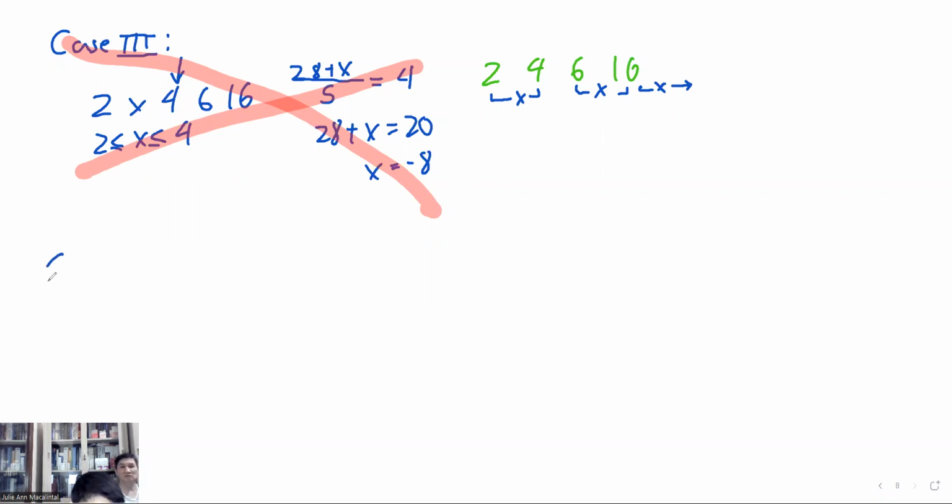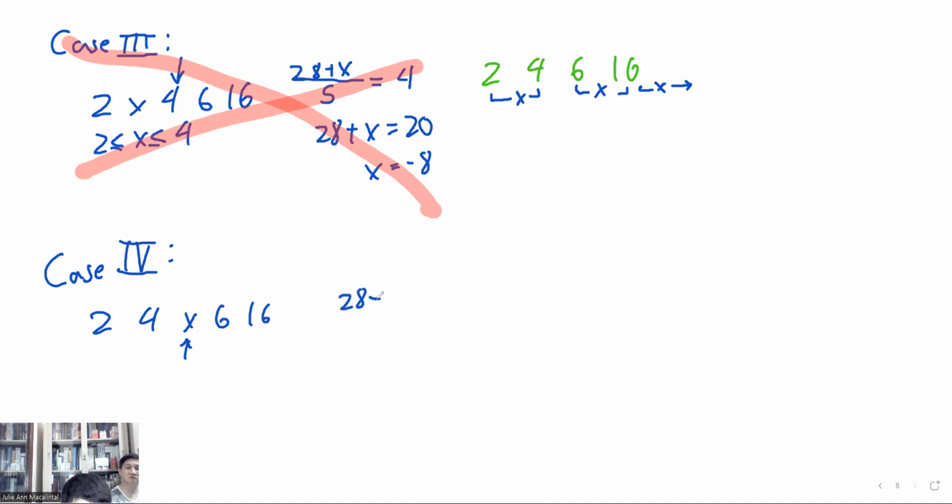So in this case, the median of course is x. This is when it's between 4 and 6 inclusive. Will it matter? No.